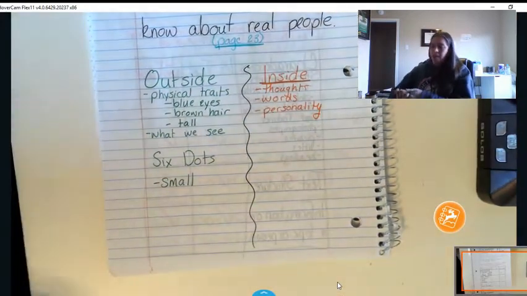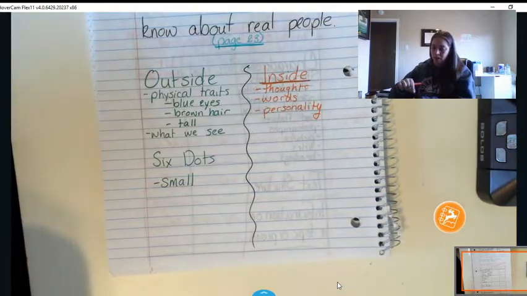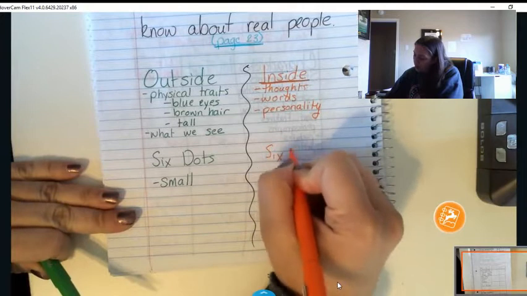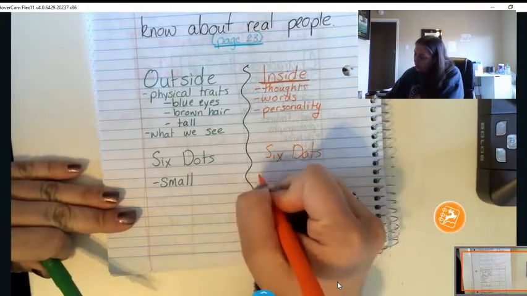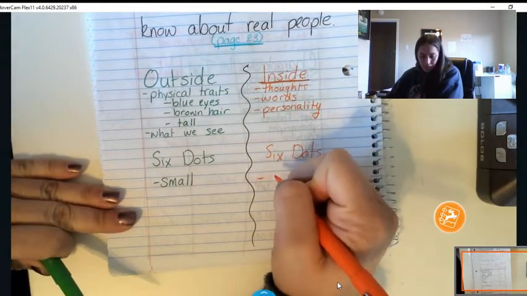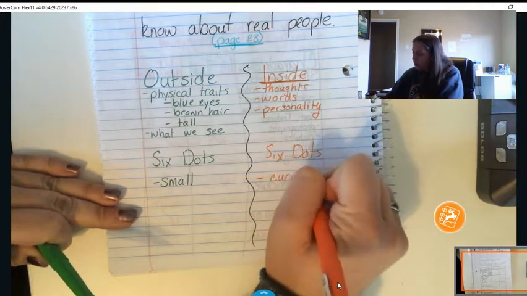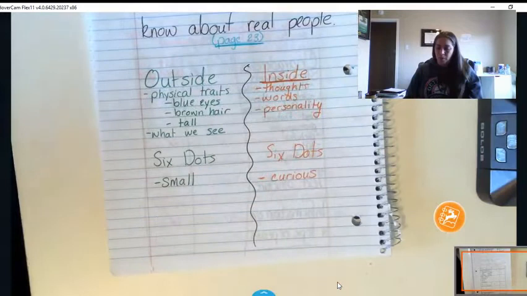Another one that we have, the author actually told us directly about the character. It said that the character, Louis, is curious. He was naturally curious. He wanted to know about all kinds of things.